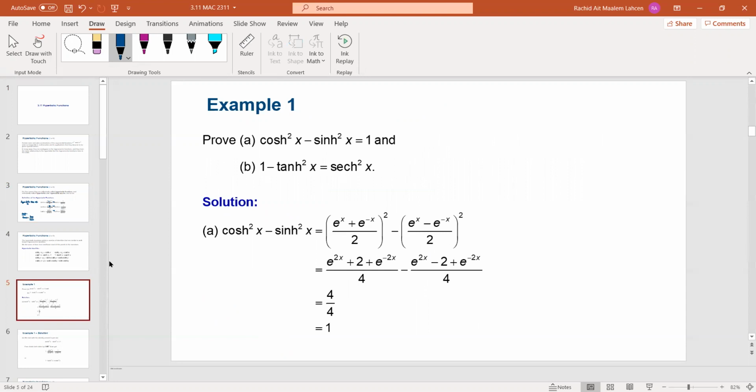And so let's look at an example. Prove that hyperbolic cosine squared minus hyperbolic sine squared equals 1. So we can replace each one. The cosine has a plus and this one has a minus.